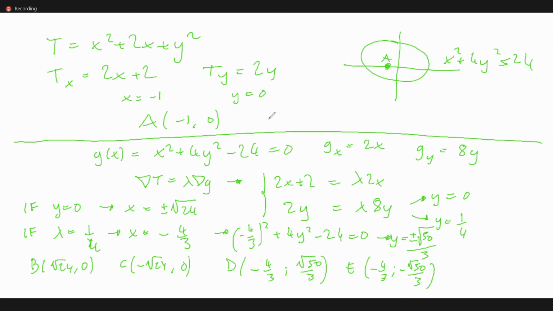So we have 5 possible critical points: A, B, C, D, and E.